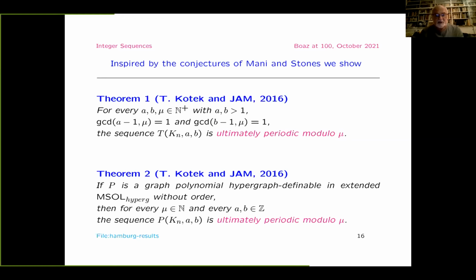And the second theorem: if P is any graph polynomial which is somehow defined using monadic second order logic, I'll come back to this, then for every mu and every a, b in Z, the sequence P(K_n, a, b) is ultimately periodic modulo mu. So how can one prove such a statement?